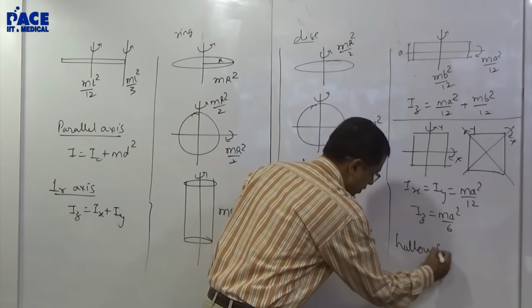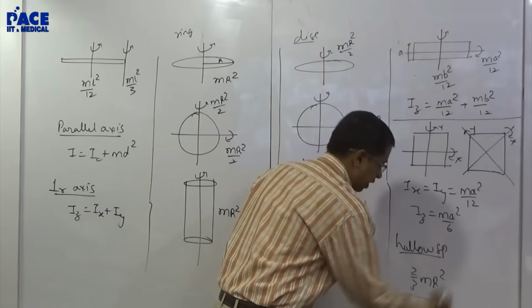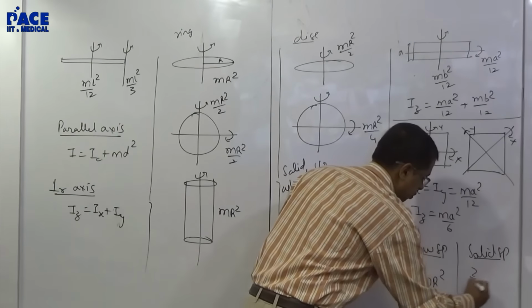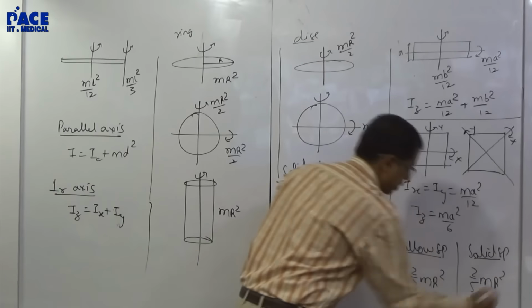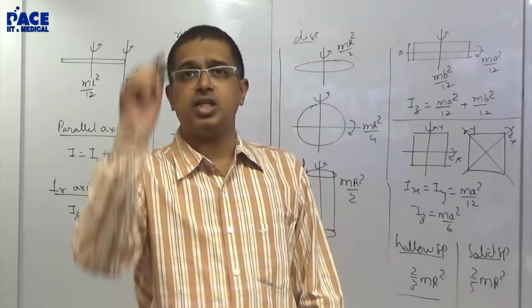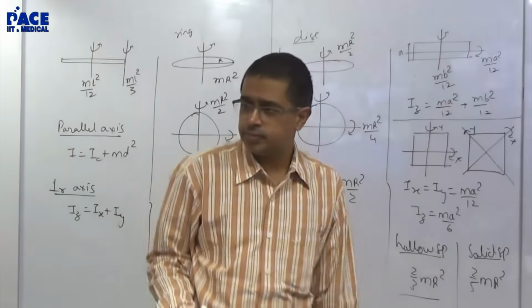Hollow sphere 2 by 3 mr square. Solid sphere 2 by 5 mr square. Hollow and solid spheres, you know the moment of inertia about an axis passing through the center.